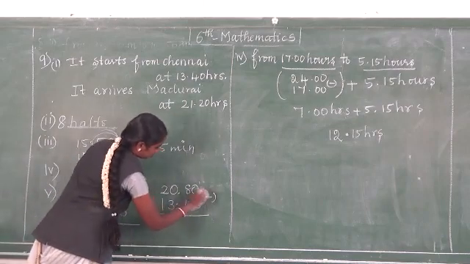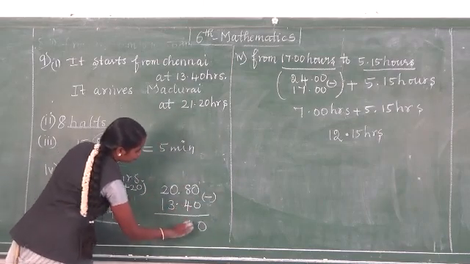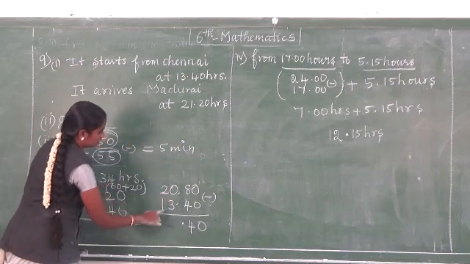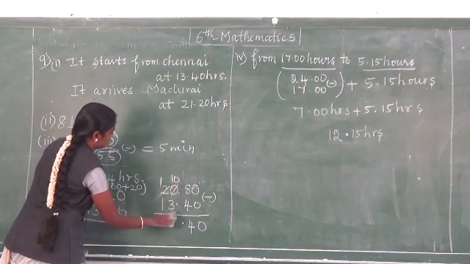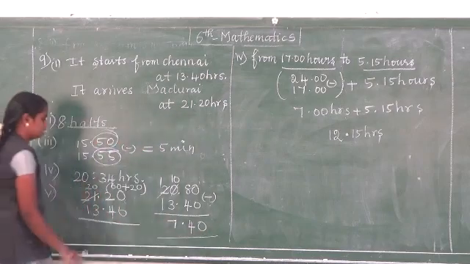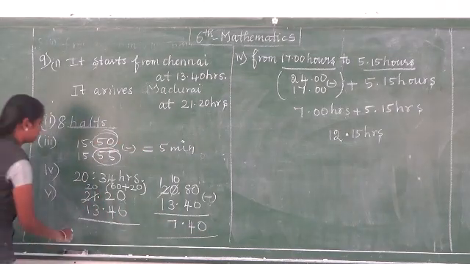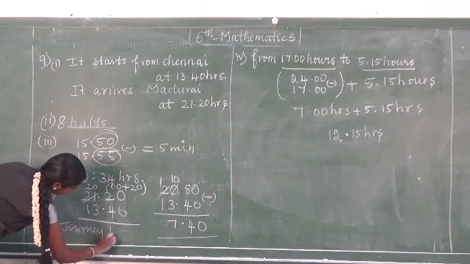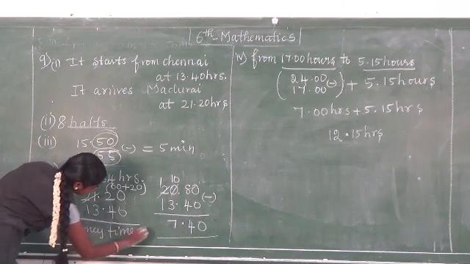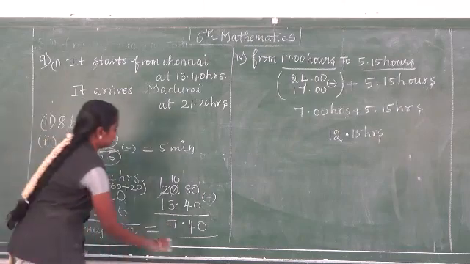Now subtract: 0, 8 minus 4, 4. Then here borrow, 10 minus 3, 7. So the answer is 7 hours 40 minutes. Journey time is 7 hours 40 minutes.